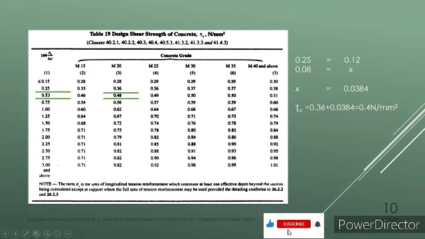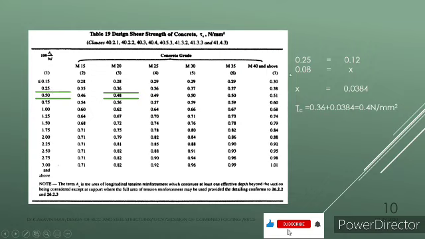How can we do this? We can just interpolate. How to interpolate? The difference between these two values, 0.25 and 0.5, is 0.25. What is the difference for the tau c values? If you subtract 0.36 from 0.48, you will be getting 0.12. For which value do we need it? If you add 0.08 to 0.25, you will get the value of 0.33.